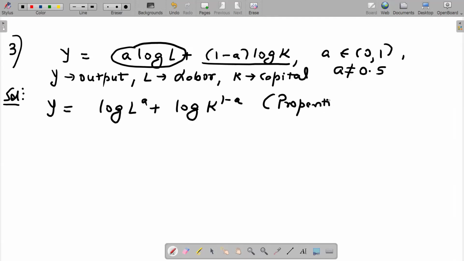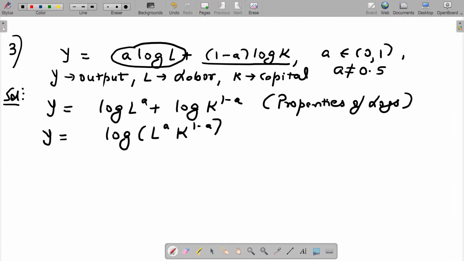And then I can write this as log of L to the power a, k to the power 1 minus a. Again, we are doing this because of properties of logs.